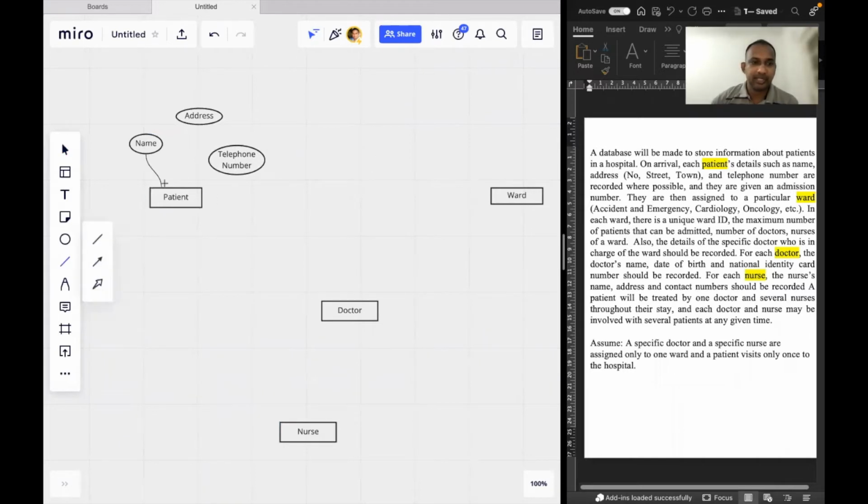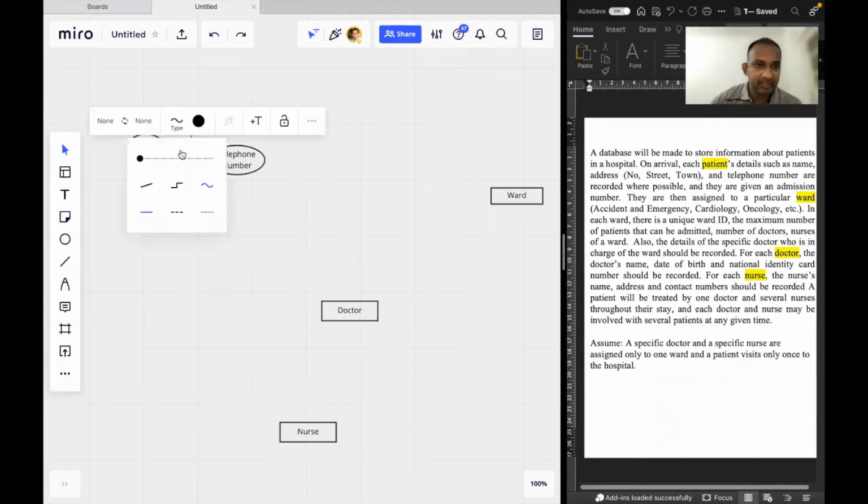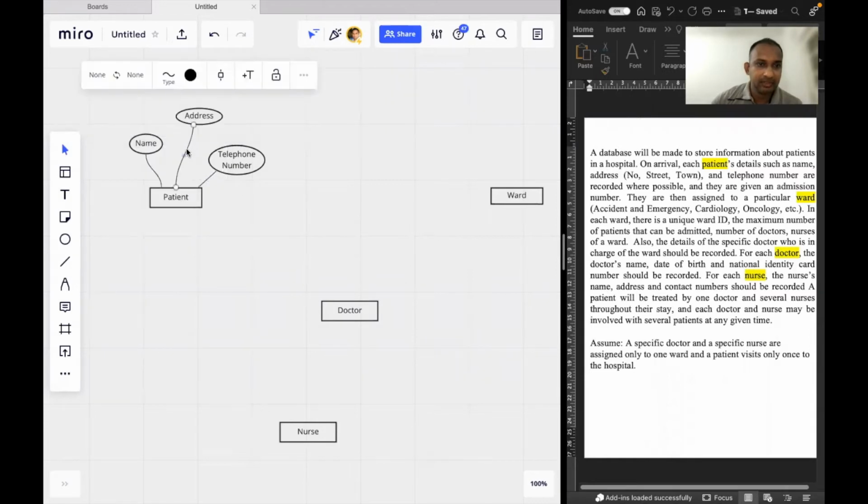And you must draw an arrow, sorry, not the arrow, you must draw a line to each attribute. So usually in the ER diagram, this line should be a straight line. Here there are curves available, therefore I select this kind of line.